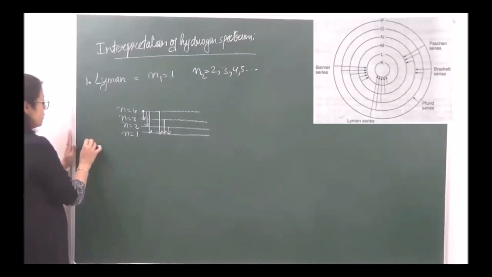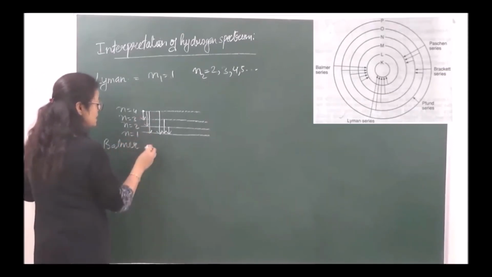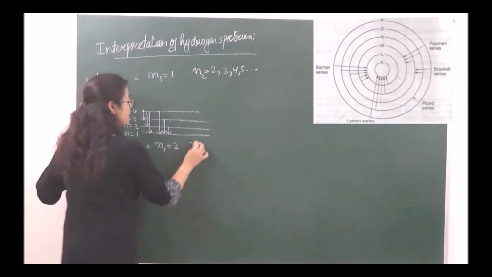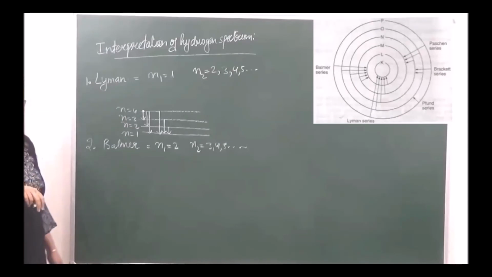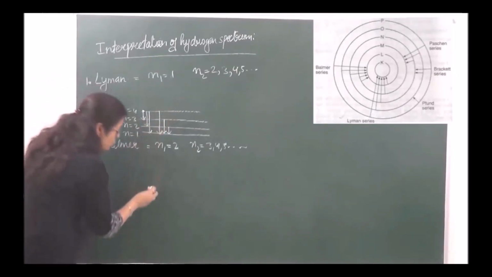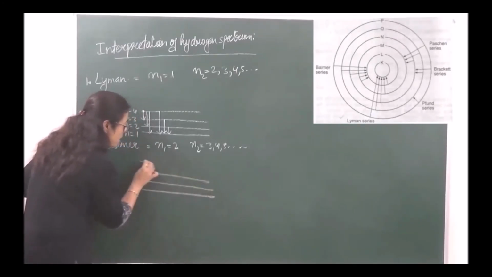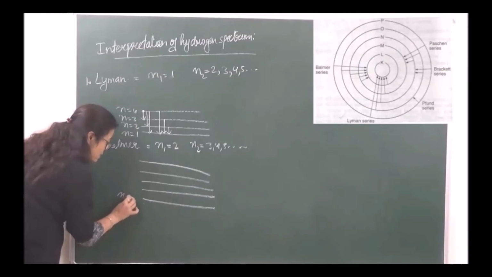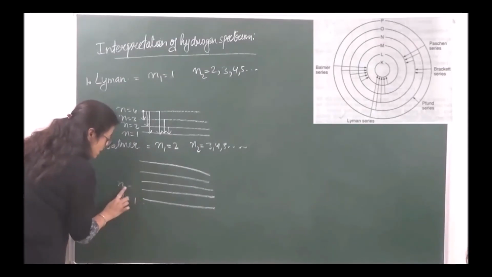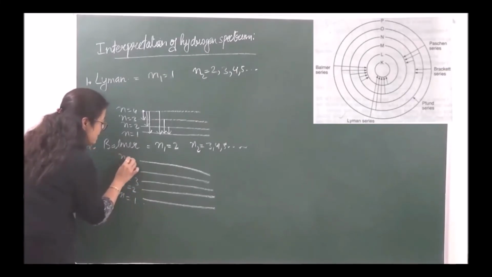In a similar manner, for the Balmer series, N1 is equal to 2 and N2 is equal to 3, 4, 5 and so on. Again, when we are drawing the lines, you can see in the figure: this is N1, this is N2, this is N3, this is N4, and let's take another one, N is equal to 5.